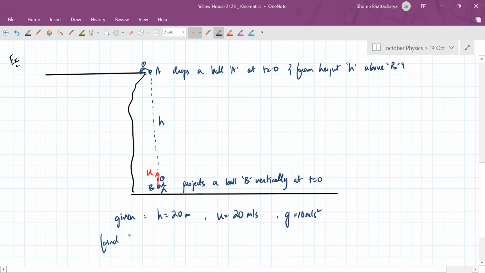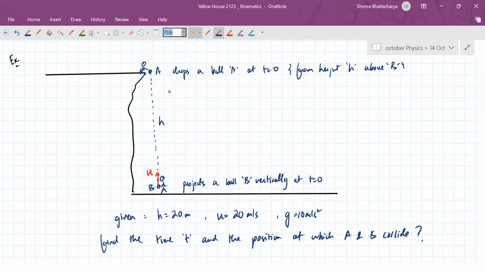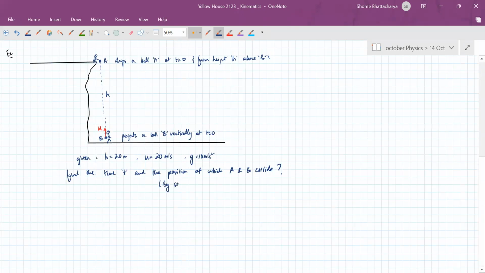We have to find the time t and the position at which A and B collide, and preferably do this by solving the motion of one with respect to the other, relative to the other. Okay, so just try this out. We'll discuss in a moment.